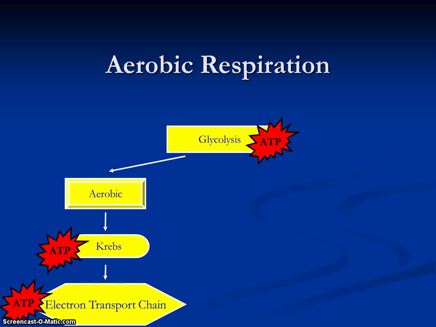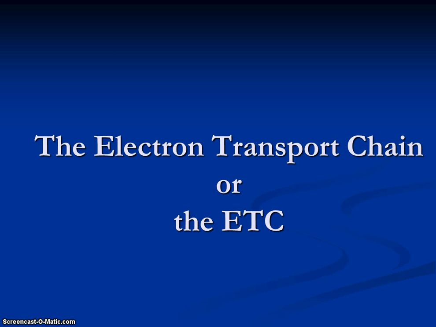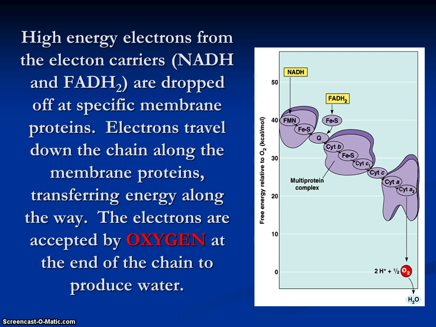The next stage is the electron transport chain. So the ETC, this electron transport chain, is going to occur after the Krebs cycle. We're looking at just aerobic respiration, okay? So now we have the two electron carriers, NADH and FADH2.